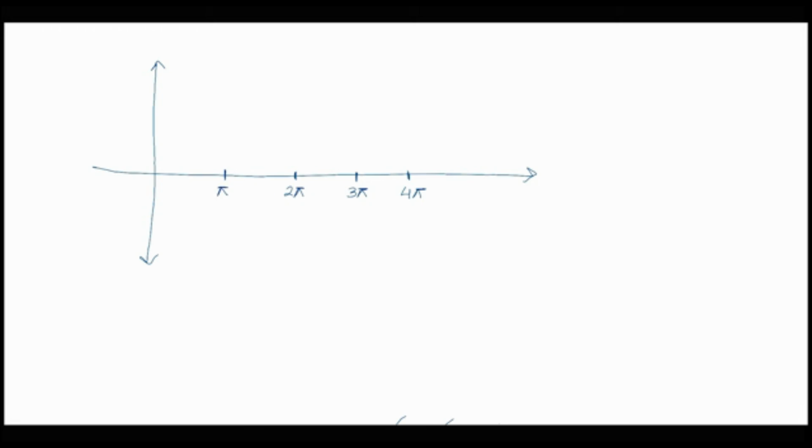So for the first half, the value is positive. For the other half, when the loop is moving out of the magnetic field, the value is negative. Again for the other half, the value is positive, and again the value will be negative.